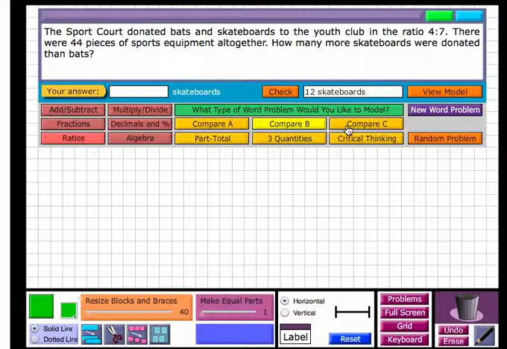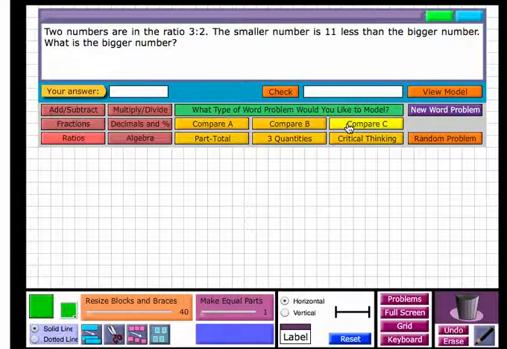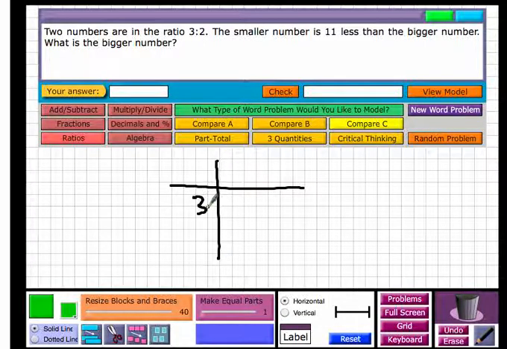Now compare C problem, and you can start to look at the differences of them. Two numbers are in the ratio of 3 to 2. So I'm going to say this is my big number. This is my small number.